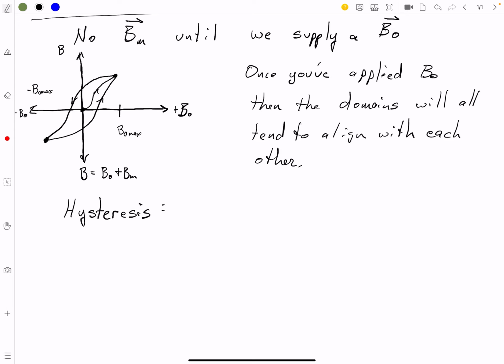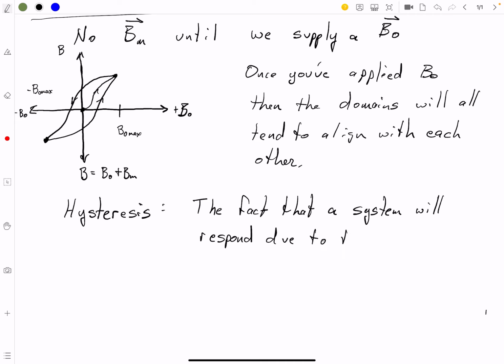It's the fact that a system will respond due to the state the system is in historically.